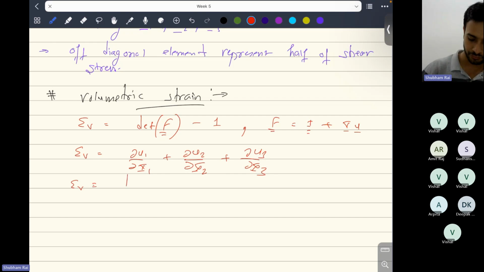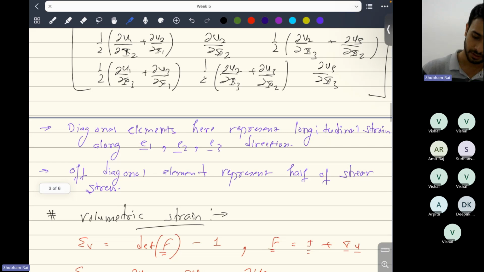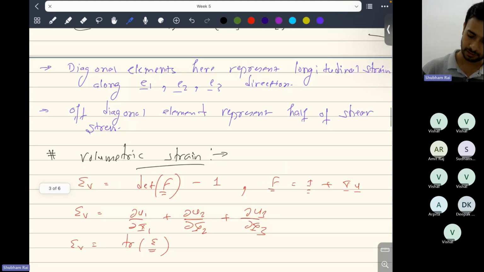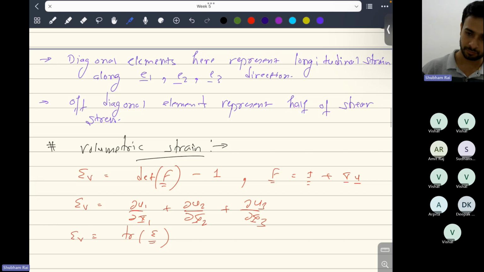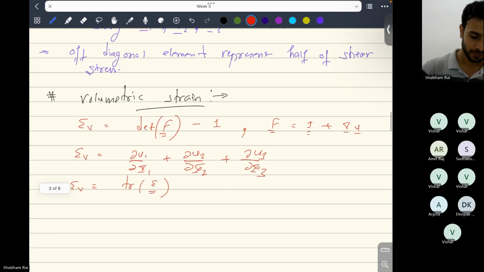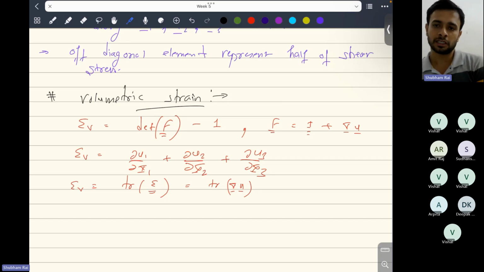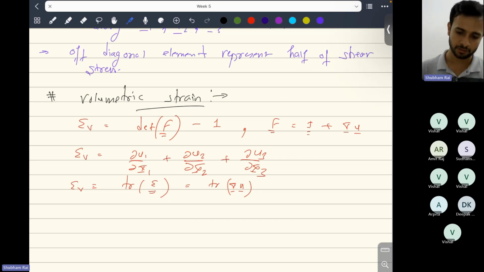It is the trace of the infinitesimal strain tensor, because trace means summation of diagonal elements. If you sum all these diagonal elements, you will get del u1 by del x1, del u2 by del x2, and plus del u3 by del x3. Now it can also be written as the trace of the gradient of u. If you write this matrix, the diagonal elements will be del u1 by del x1, del u2 by del x2, and del u3 by del x3, and taking the trace means you sum them.